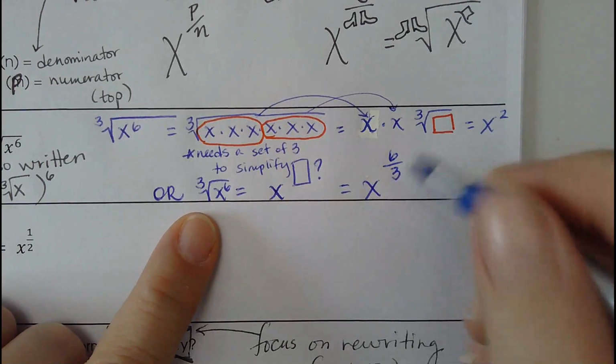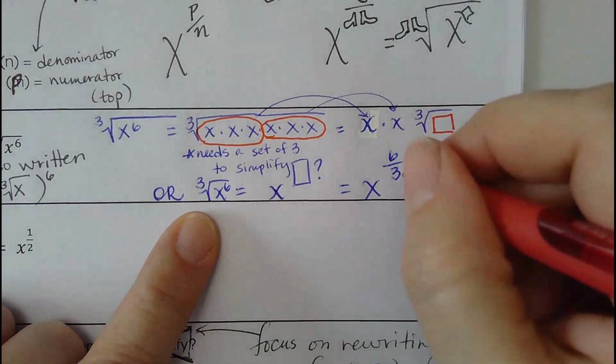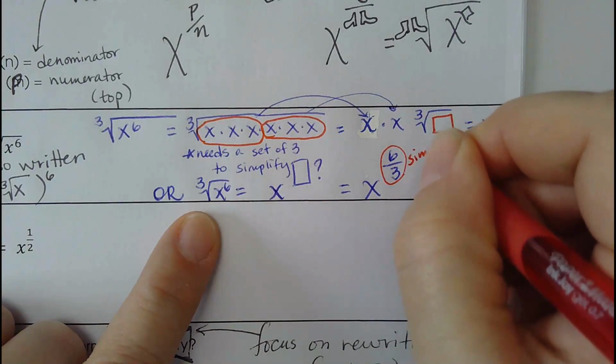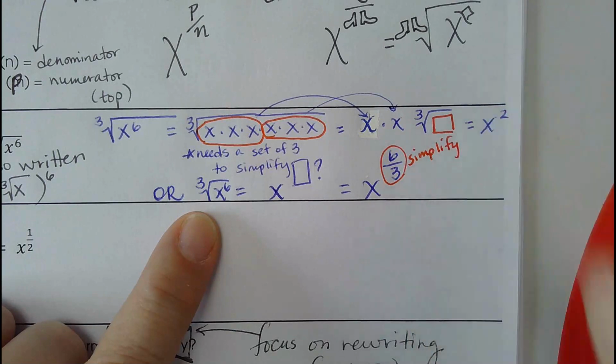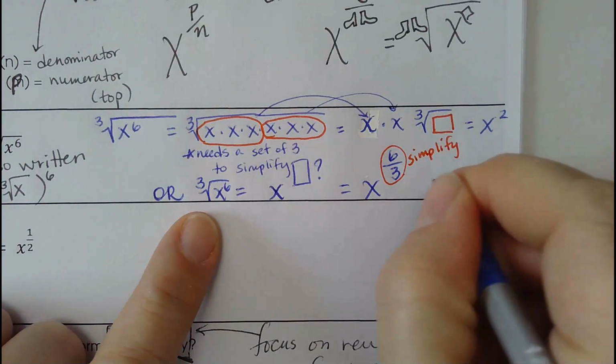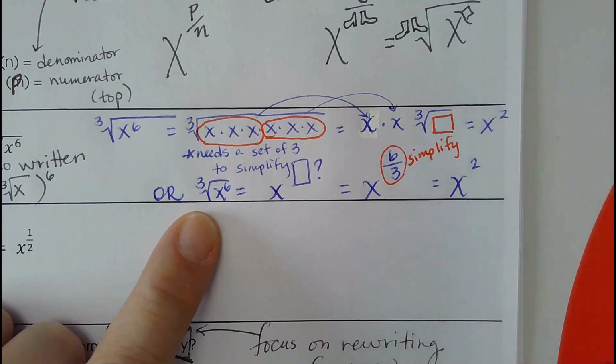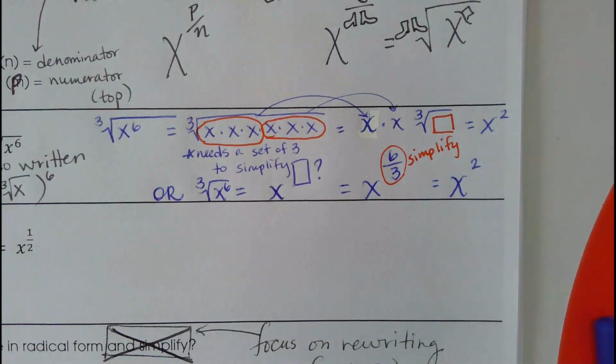And when I simplify this fraction, 6 over 3, 6 divided by 3 is 2. So I get the same result, but I went about this with a different process. So different mathematical understanding, but equivalent result. Okay? This is why it works.